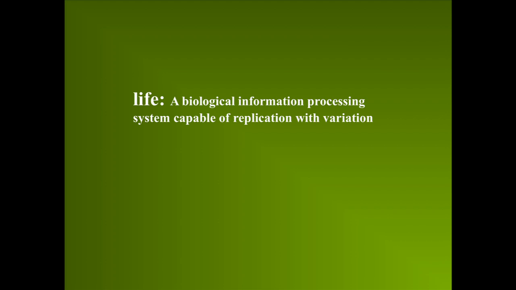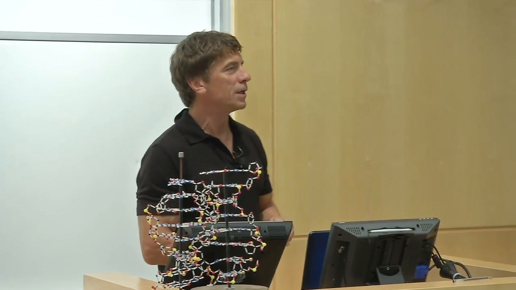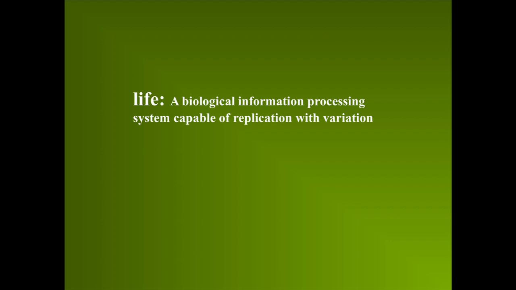I will start off with the idea that life, biological life, involves information, and that biological information is copied and replicated and processed. So I might start off with a loose definition that life is an information processing system capable of replication.